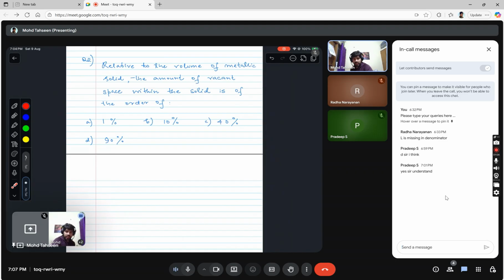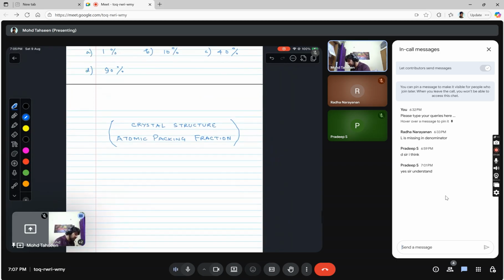So, we did not discuss this in particular, but it depends on the crystal structure and what's called the atomic packing fraction. Okay, so what does that mean?